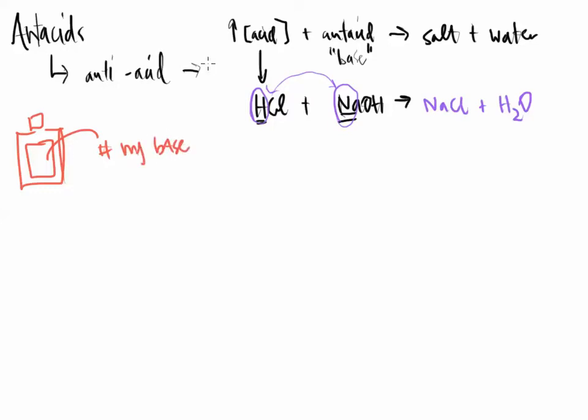They all use different bases. Rolaids, Tums, milk of magnesia, they all use different bases in their formulas, but it's some type of base that's there. And it's going to be my job today to figure out, is that label telling me the truth?